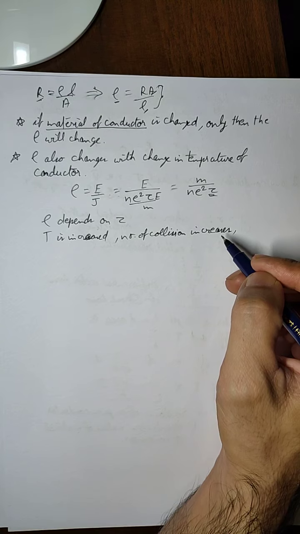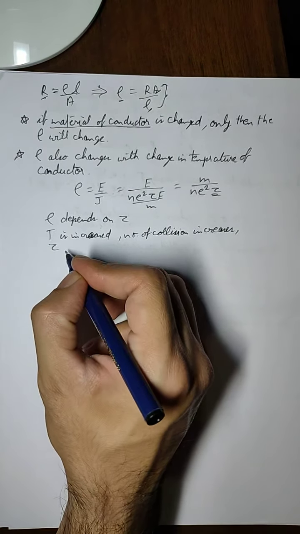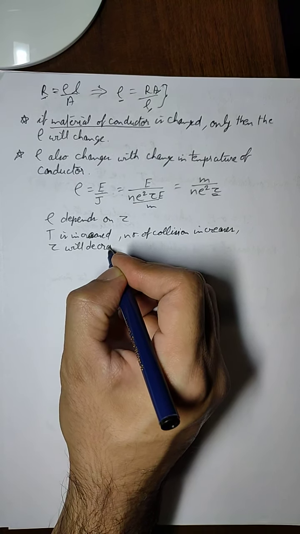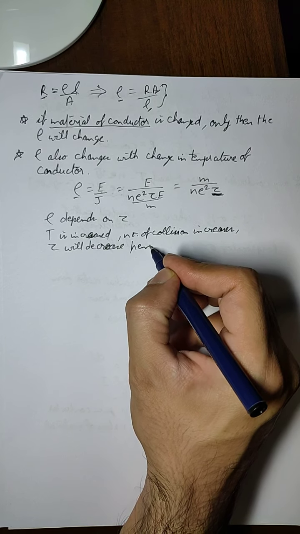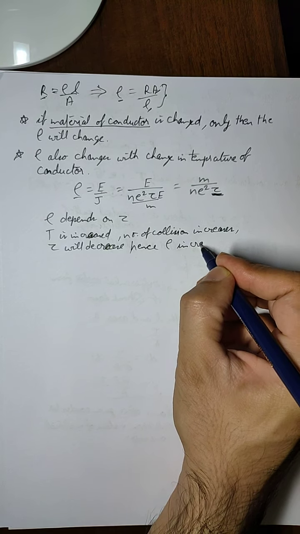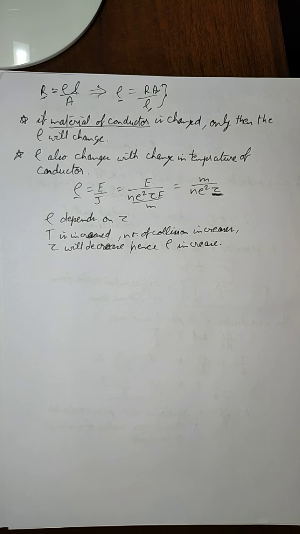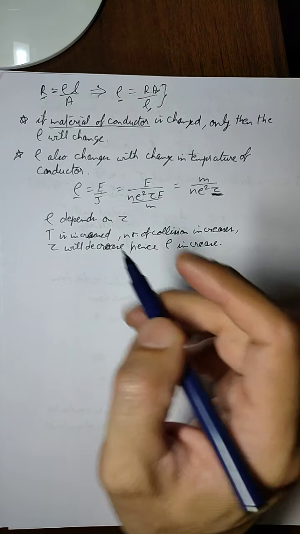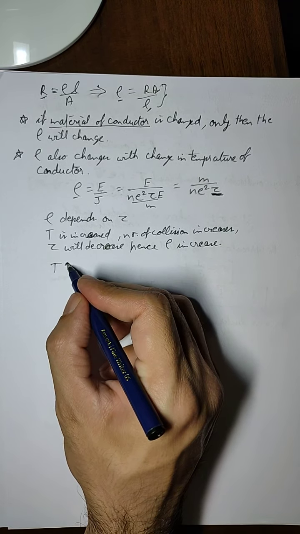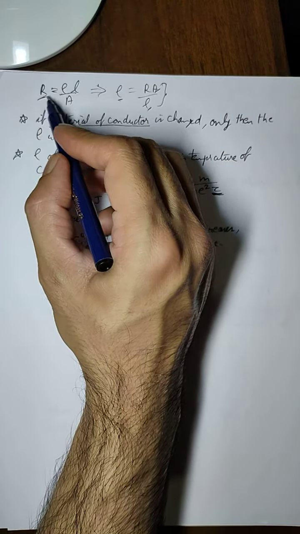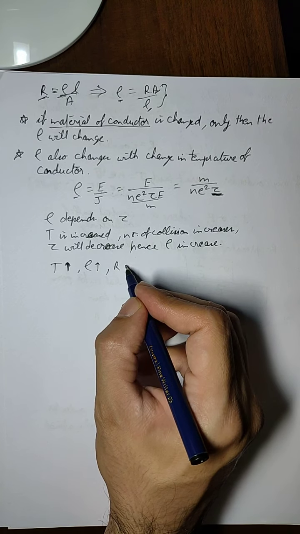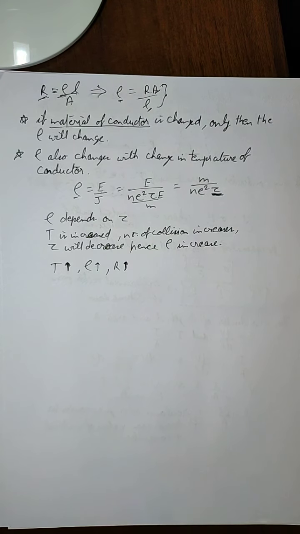Since the collisions are now happening faster, tau will decrease. And as tau decreases, the resistivity will increase. So if the temperature of the conductor increases, the resistivity will also increase. And since resistance is directly proportional to resistivity, the resistance of the conductor will also increase. That means if the conductor is getting hotter, there will be more resistance.